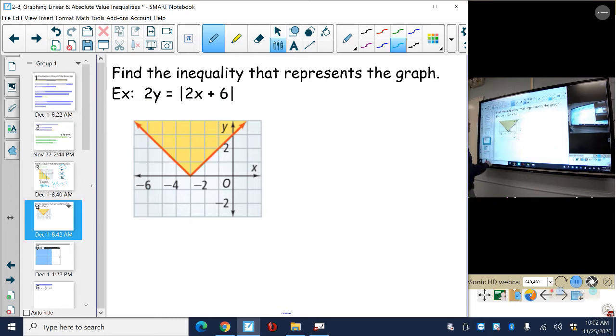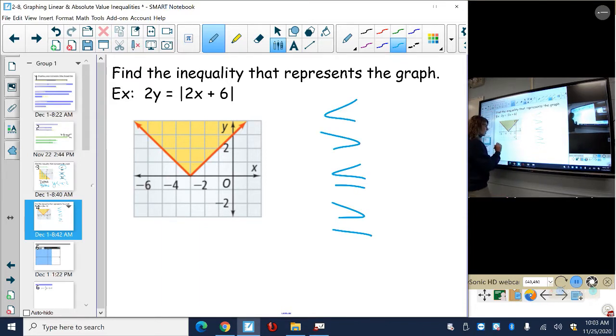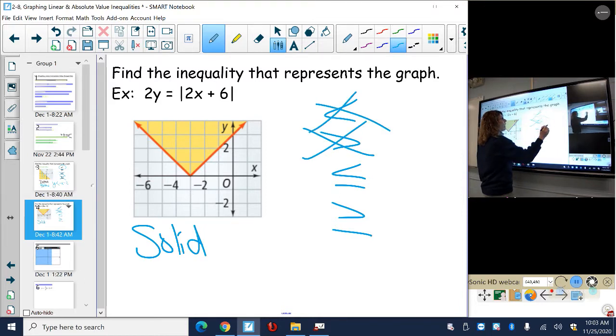Let's do it again. 2y is equal to the absolute value of 2x plus 6. I do not care what the equation is. I'm going to ask myself two questions. Is it solid or dotted? This is a solid line. So since it's solid, I get rid of those two options. Yes?